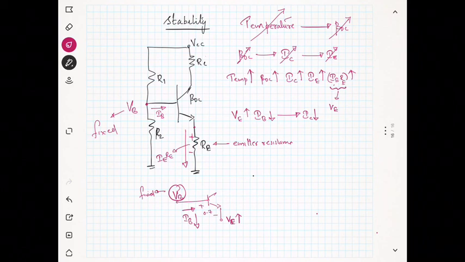That means whenever there is a change in beta DC, immediately the voltage across RE will increase, and this will lead to decrease in IB.